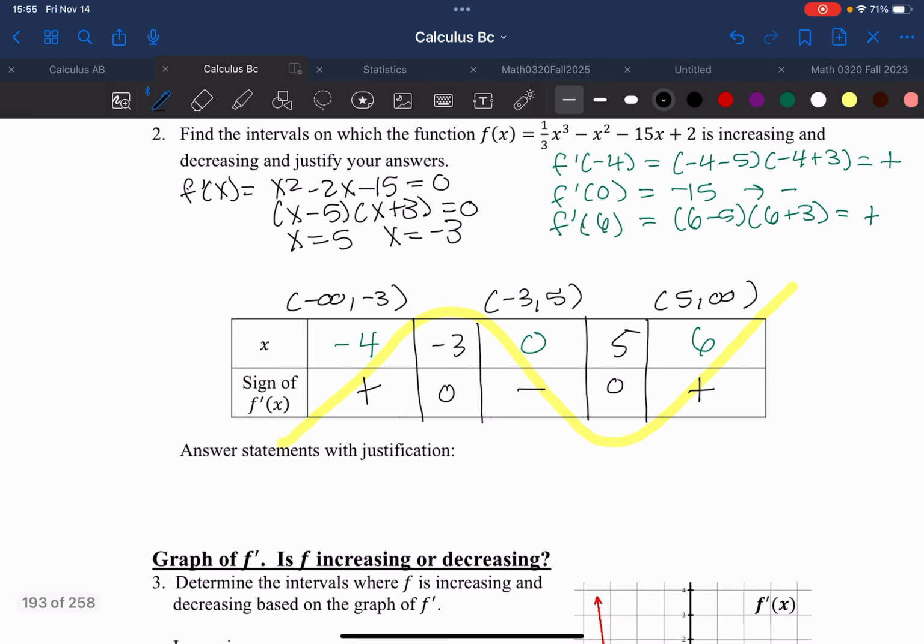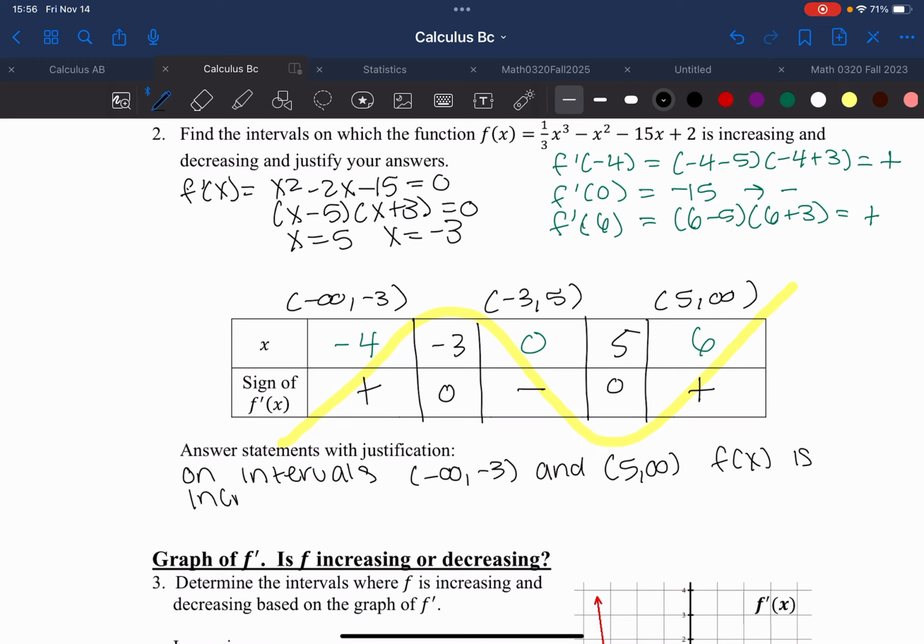So for my justification, I would say on intervals -infinity to -3 and 5 to infinity, f of x is increasing since f prime of x is greater than 0. It's positive.